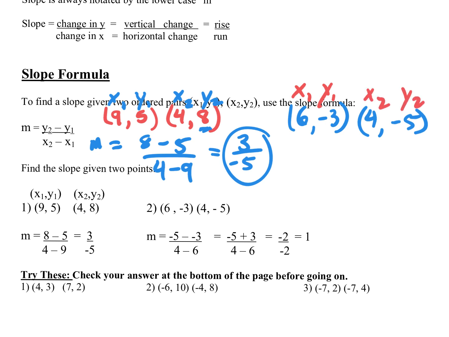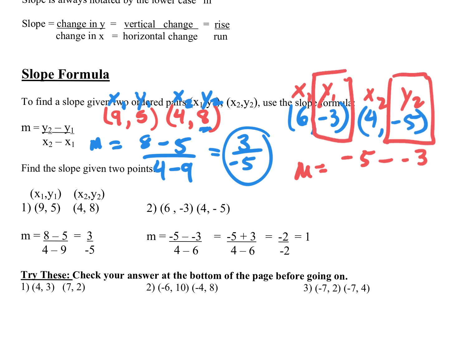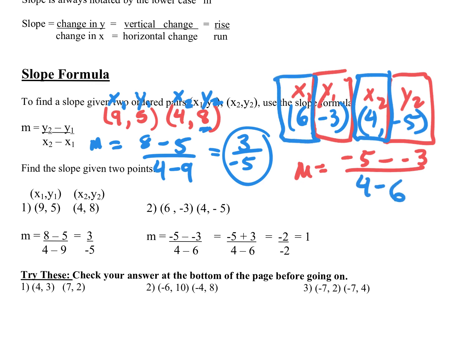And so the slope equals negative 5 minus negative 3. I took this number, that's the y2, and the y1, I put them on top and subtract them. And then on the bottom, I take the x terms, 4 and 6. 4 minus 6, and I subtract them.